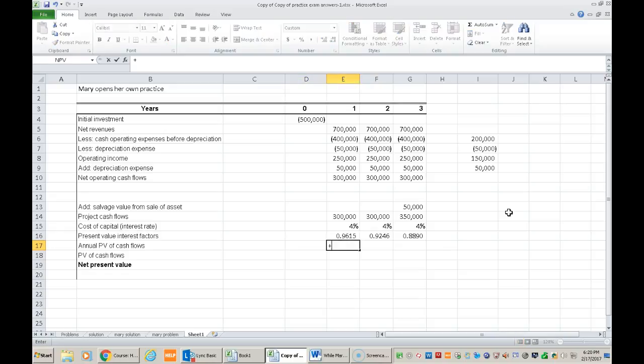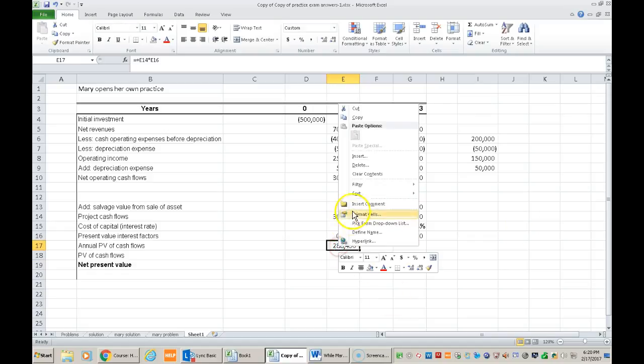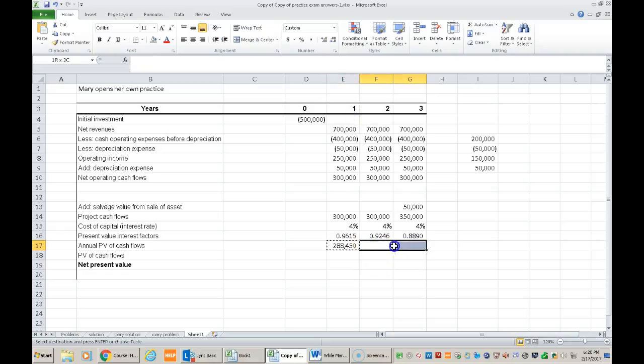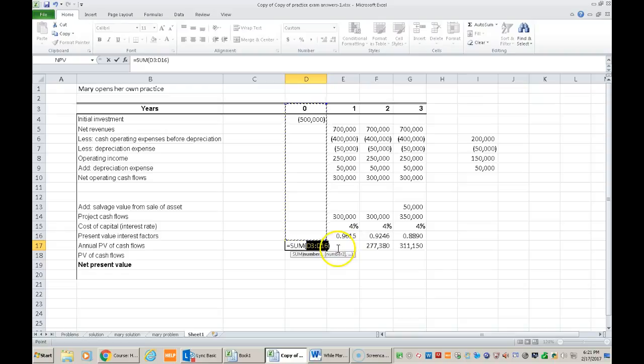So we just do the $300,000 times that factor, and we can calculate each year the net present value of that year's activity. Now we add these 3 years together, and we get $876,980.